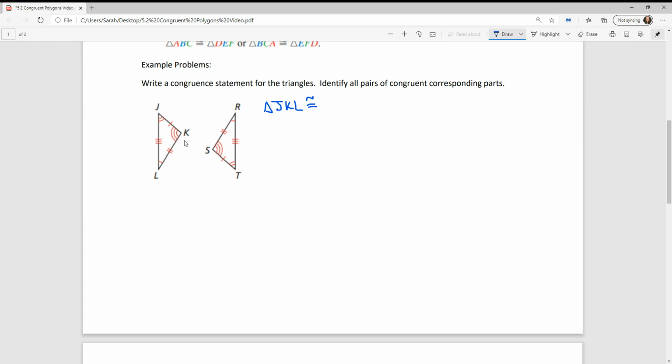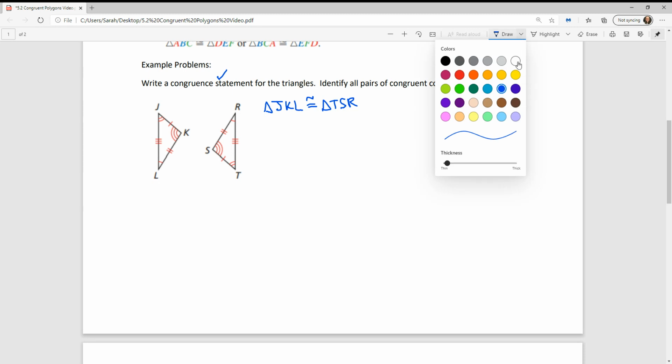So JK is the same as TS, so I'm going to say triangle TSR. Notice that we went from 1, 2, 3, 1, 2, 3. I can't switch the order of this since I have JKL. If I did JKL in a different order, then TSR would be in a different order as well. So that's my congruent statement.